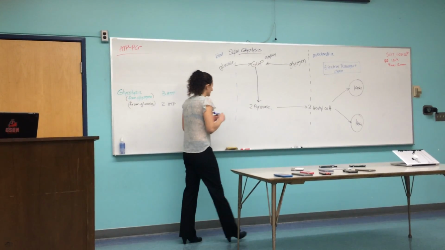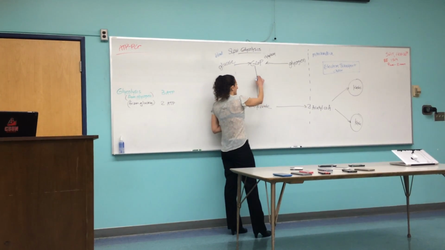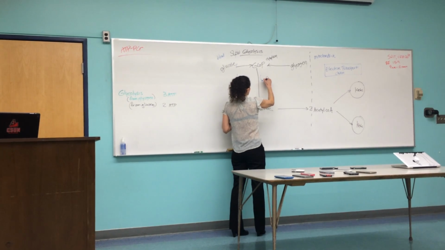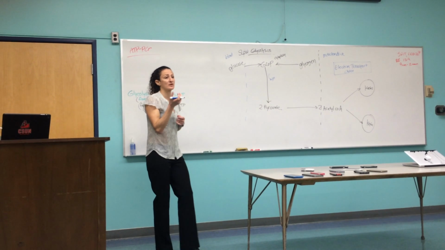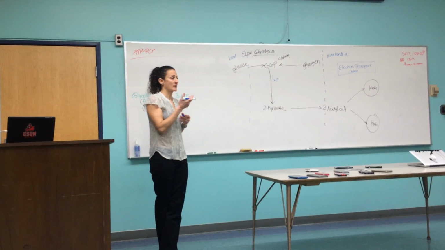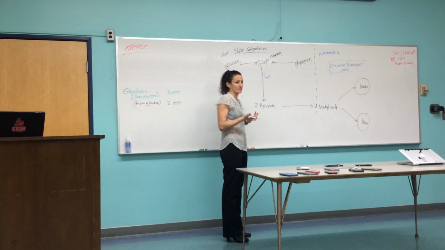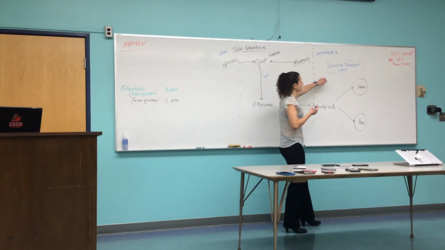So what's happening is, during this process of glycolysis, during these reactions, you're producing hydrogen. And that hydrogen goes along with electrons. Okay? So you'll have electron carriers, and their job is to pick up the electrons and take them to the electron transport chain.